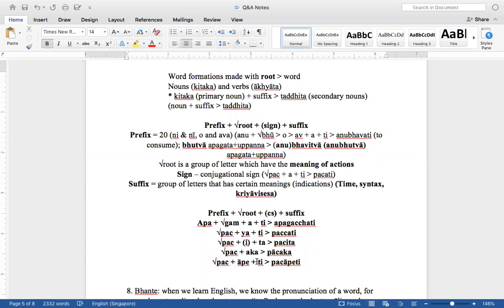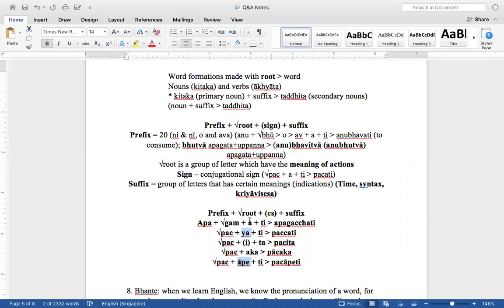So this ti suffix: time is present tense. Syntax is hetukatu, the one who makes other ones do the action. There is no kriya visesa on that. This is causative, and this is passive, right? It's a causative sign and a passive sign. Actually, the syntax, time, and kriya visesa are hidden in the suffix.